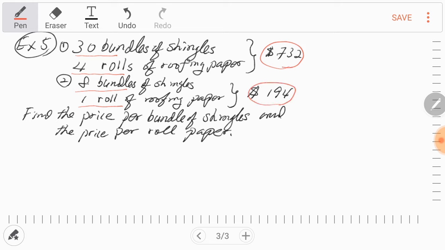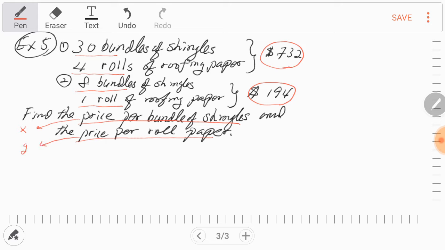The question is, what is the price per bundle of shingles and the price per roll of paper? Let's say the price per bundle of shingles is x and the price per roll of paper is y.